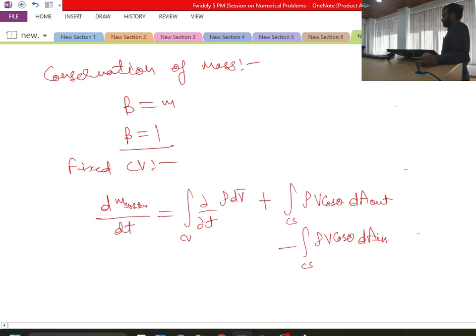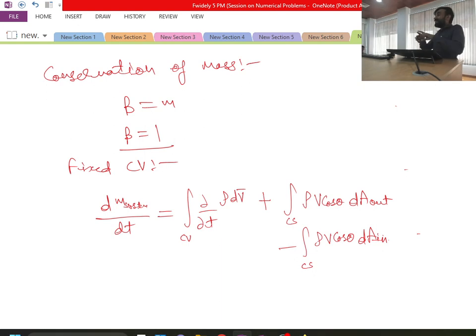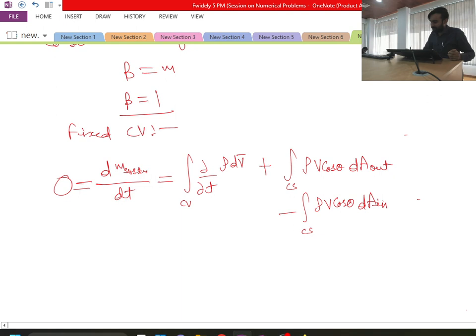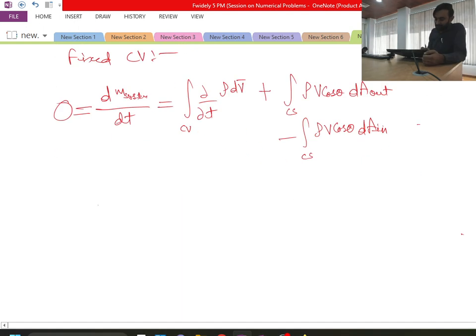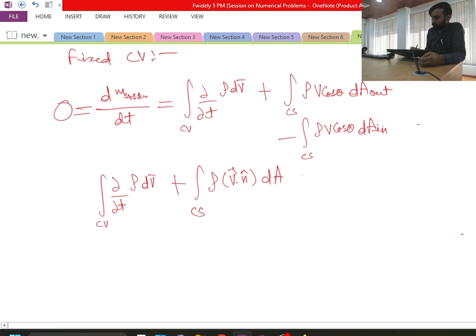Now we know that if I have a system of fixed mass, because no mass is entering the system and no mass is leaving the system, the mass of the system will remain constant. So dm system by dt must be equal to 0. Ultimately I will be getting my continuity equation in integral form as del by del t of integral rho dV plus, let me write it in vector notation now, integral of rho times v vector dot n cap into dA over the control surface, equal to 0.